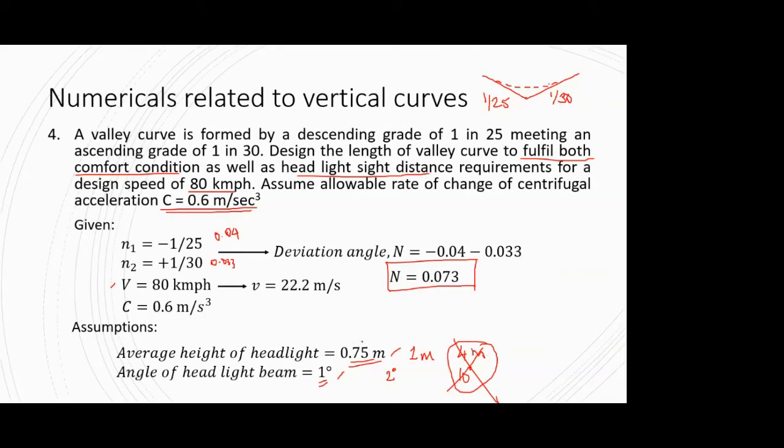You can assume any value around this average value. So 0.75 is the average height of headlight, and around that you can have either 0.5 or 1 meter or anything like that. Same with the angle of headlight beam. Here I have assumed 0.75 meter and 1 degree. You can assume some other values also, but a suitable one.